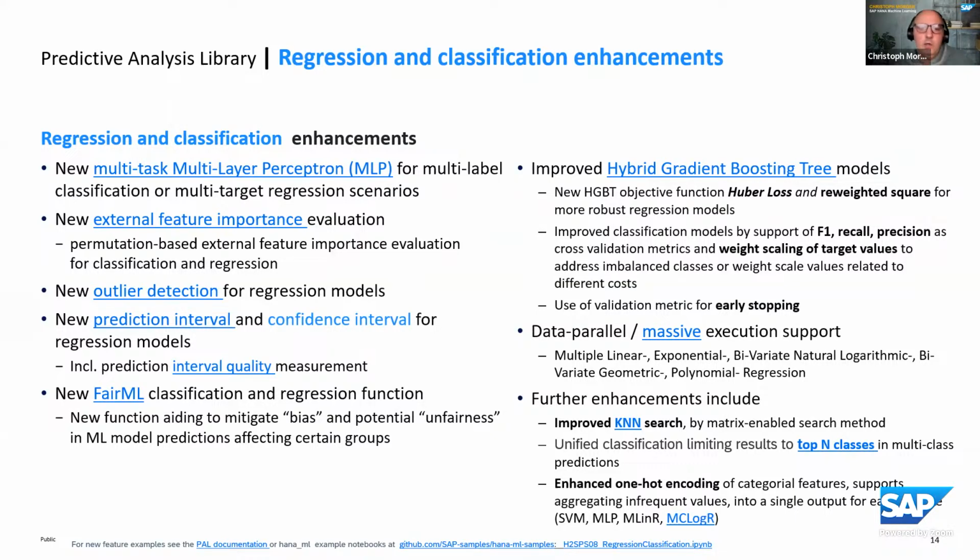And then one-hot encoding has been improved with respect to performance and also memory usage, as infrequent classes can be integrated into a single feature, and that improvement is also applied with different algorithms.